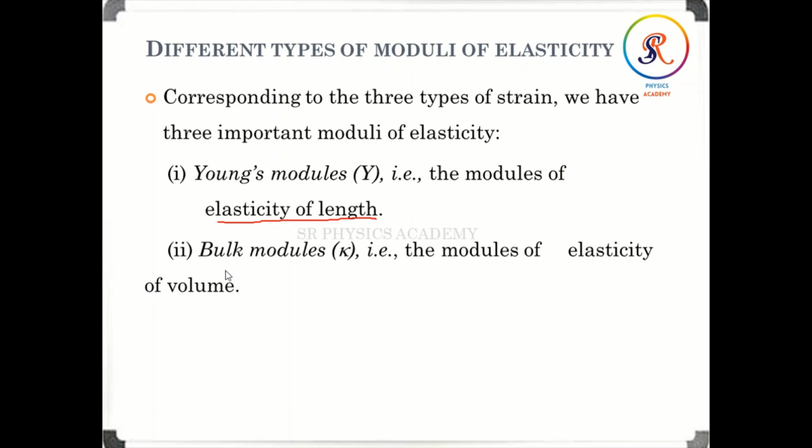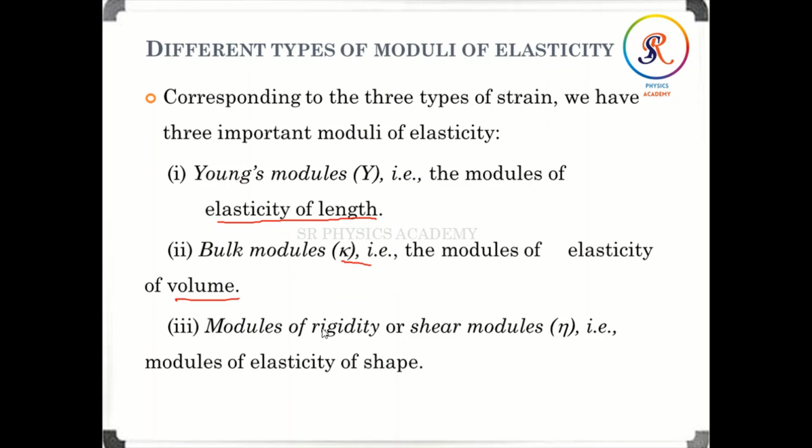Next is bulk modulus K, the modulus of elasticity of volume. And the modulus of rigidity or shear modulus, with the letter eta, is the modulus of elasticity of shape.